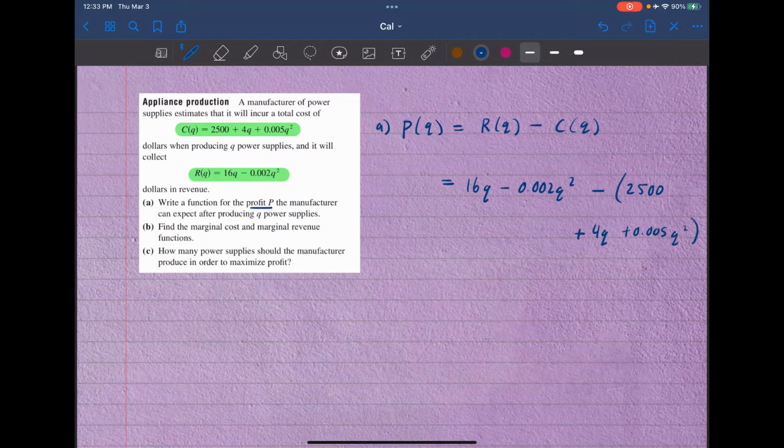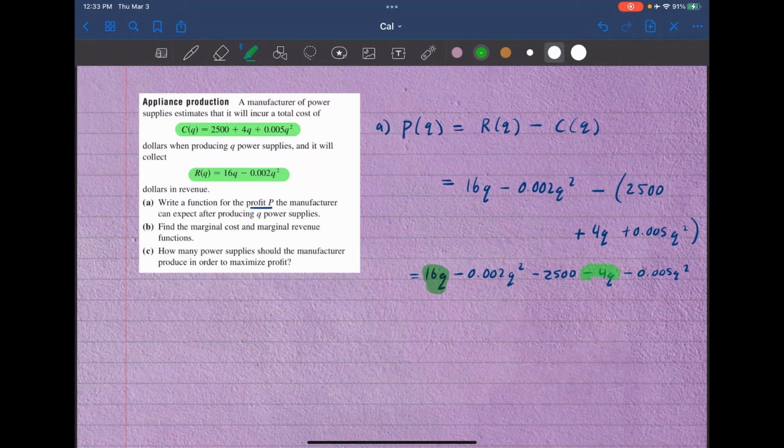That will be the profit function. So go ahead and distribute the negative, and you'll have 16Q minus 0.002 Q squared minus 2500 minus 4Q minus 0.005 Q squared.